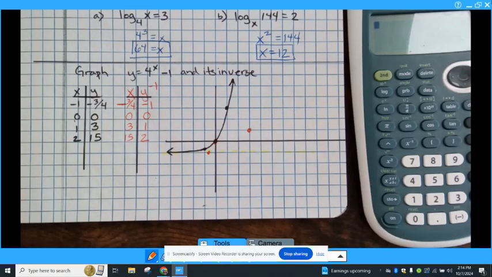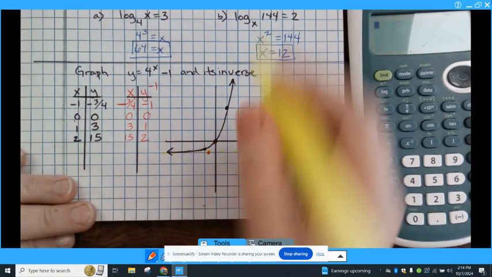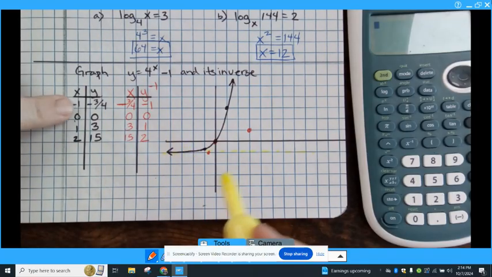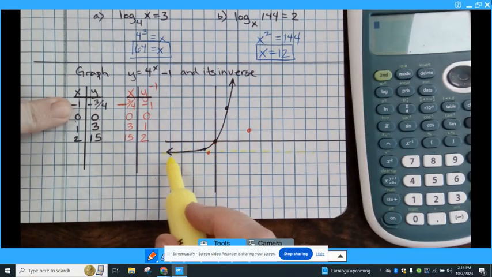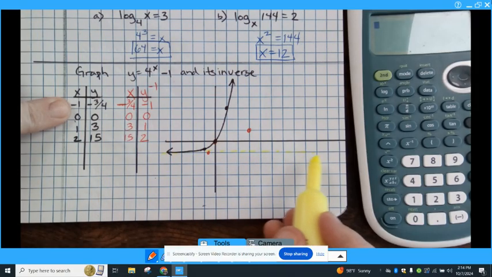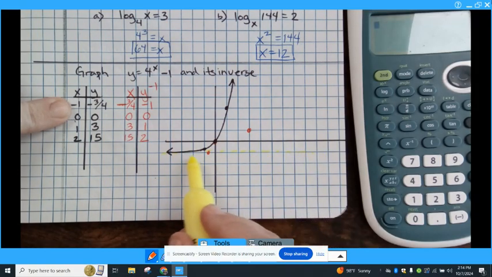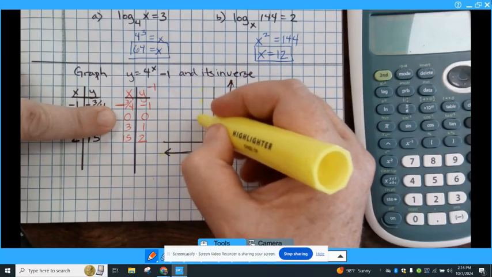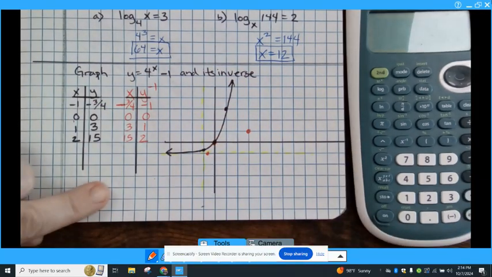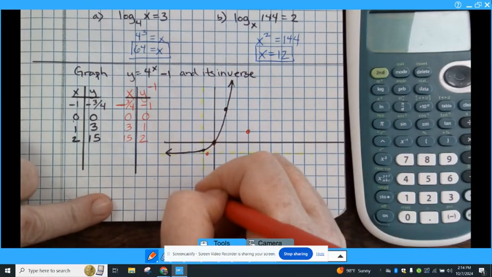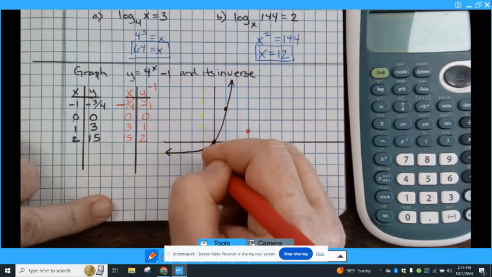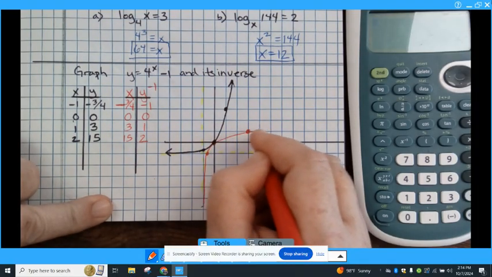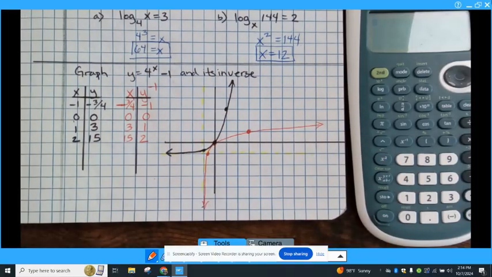So on this one, our asymptote is actually going to be, if our asymptote for the original is y is equal to negative 1, that's this line right here, then our asymptote for the inverse is x is equal to negative 1. So that would be this line right here. So that means these red points are going to come very close to, but never actually touch that line.